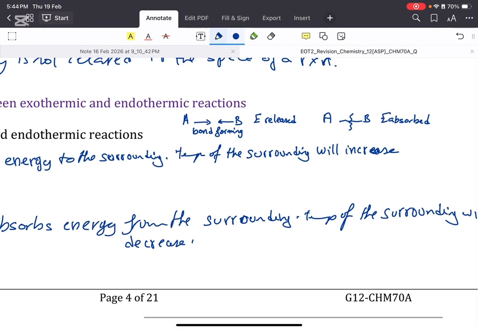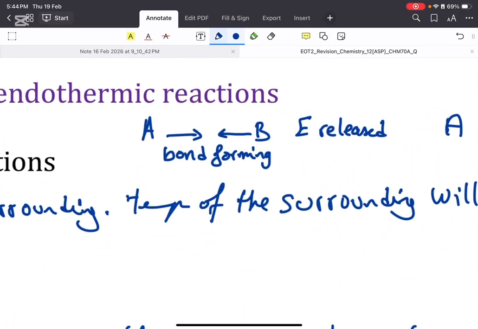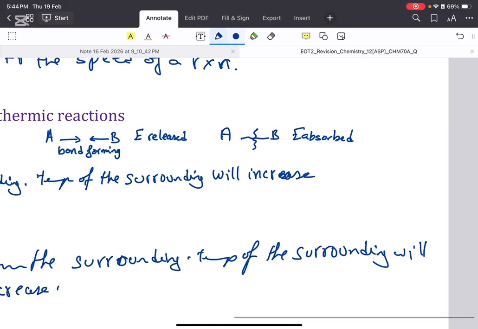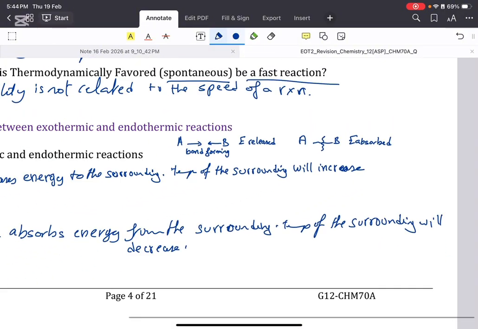So how do we think about this? Or in other words, when two atoms are forming a bond, usually it lowers their potential energy. They become more stable. When a bond is broken, the potential energy will increase because they become less stable.